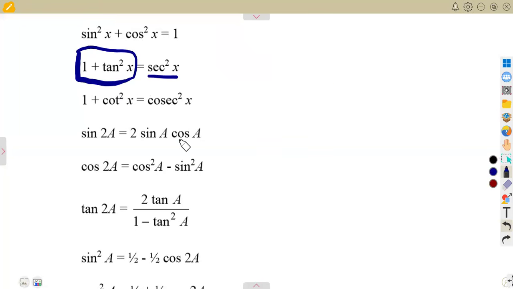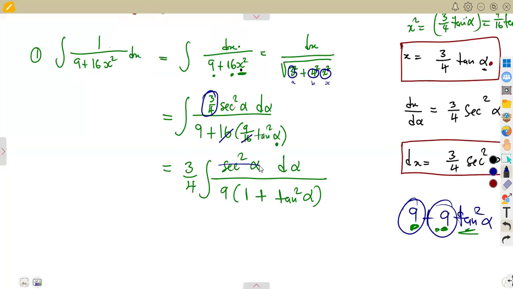So either you change this into a 1 plus tan squared, or you change a 1 plus tan squared into a sec squared, but at the end you're going to see that these two are the same. This is the same as sec squared alpha. So definitely these two will cancel. You don't need to write that stage. By just knowing your identities, you know these two are the same.